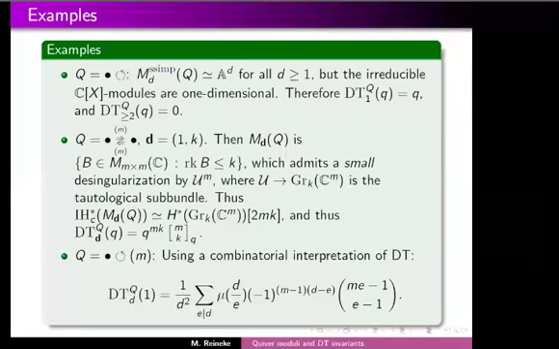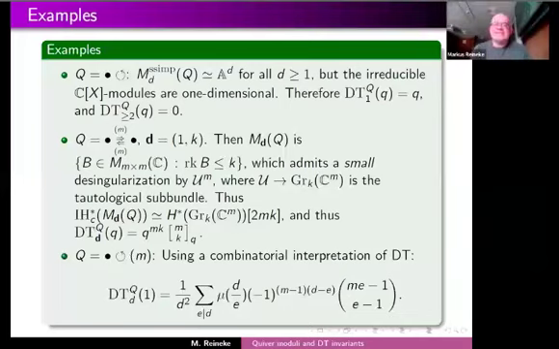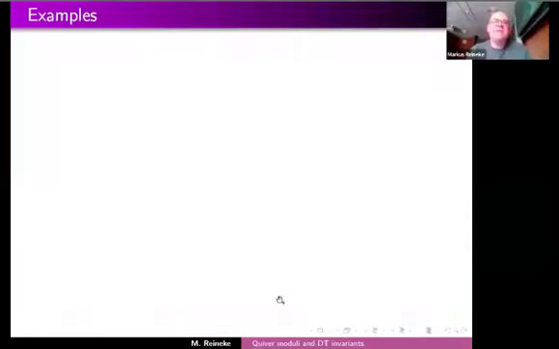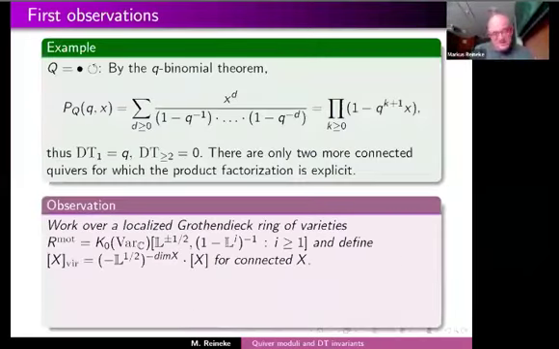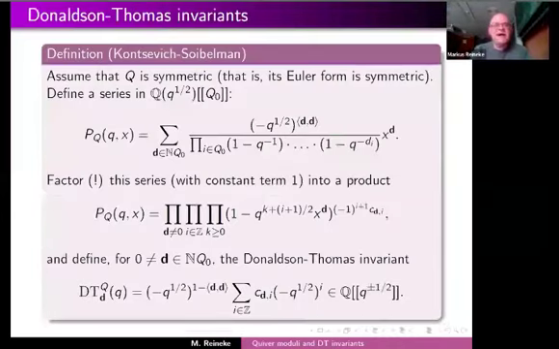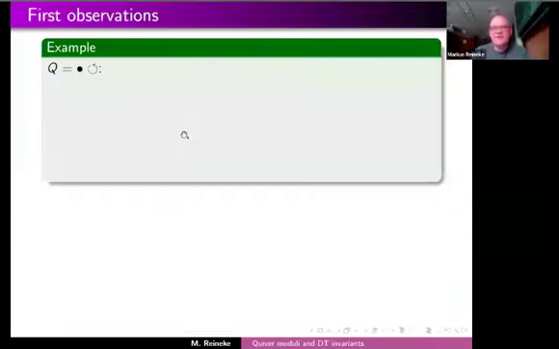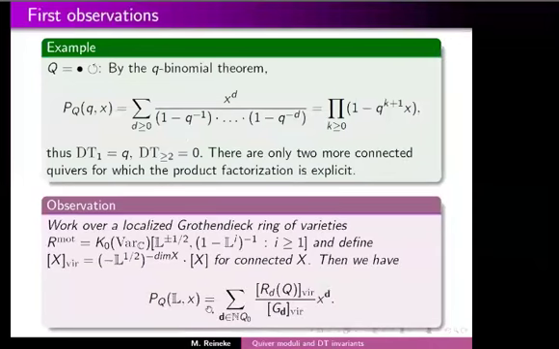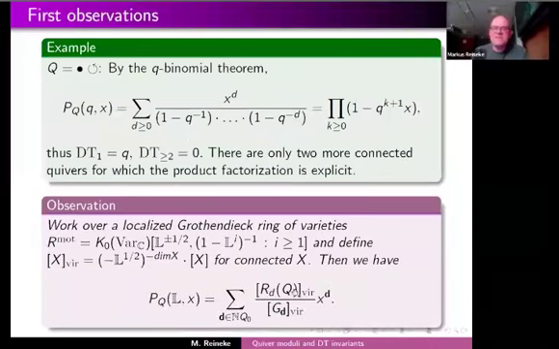Could you say something about how difficult it would be to define all of this for quivers with oriented cycles? Yes, I can tell you a little bit about it. Then, of course, you have to work with some stability, because otherwise the moduli spaces are trivial. The starting point for the definition of DT was this motivic generating series. Then you take the motivic generating series again for the quotient stack, but not of all representations, just of the semi-stable representations.